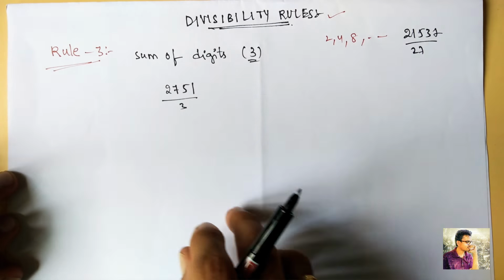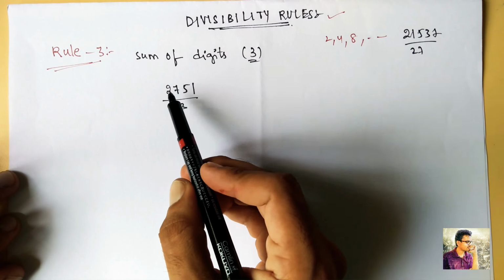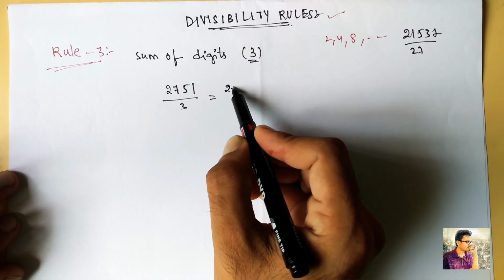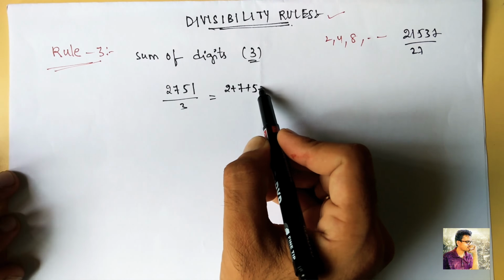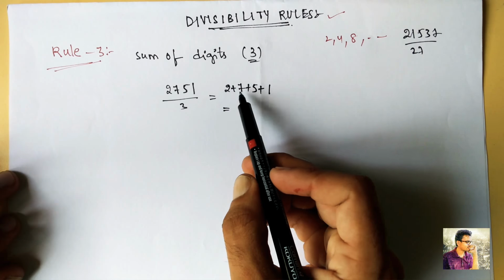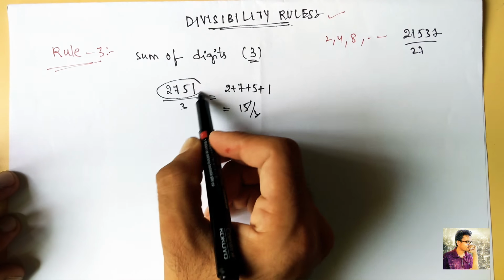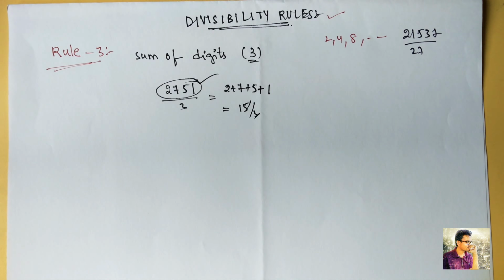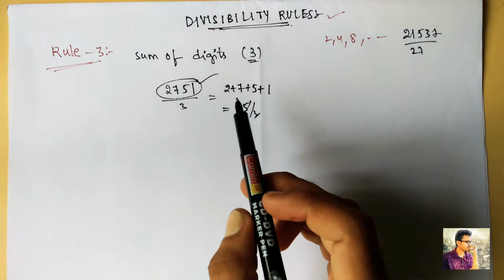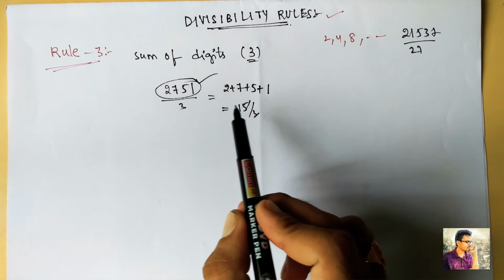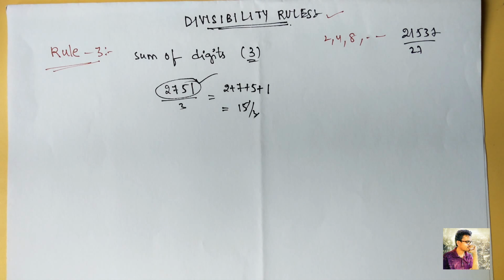To check whether the number is divisible by 3 or not, you simply add all the digits of the number, that is 2 plus 7 plus 5 plus 1: 9, 14, 15, which is divisible by 3. So this number is divisible by 3. You can simply check by using the addition operation whether the number is divisible by 3 or not.